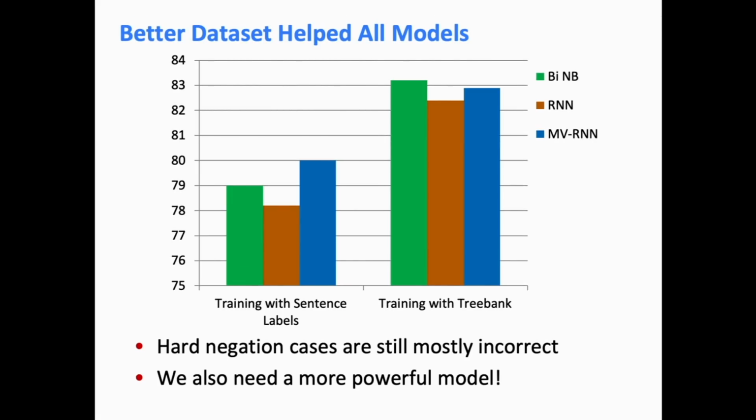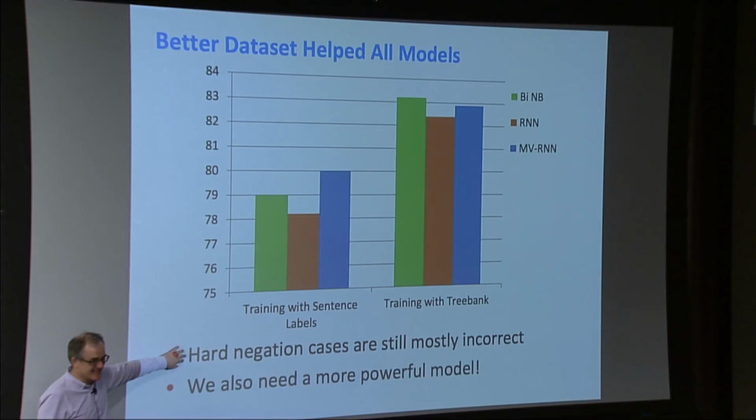But still, none of these performances are really great. So we still thought, can we build better models of how to do this? In particular, if you look at sentences with various kinds of negation, things like should have been funnier, these models in general still couldn't capture the right meanings for them.